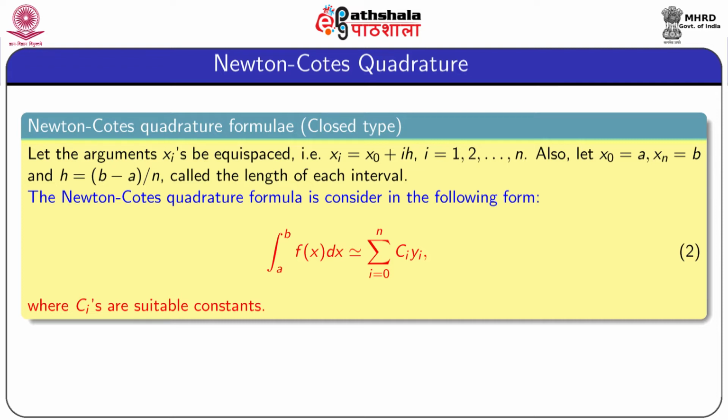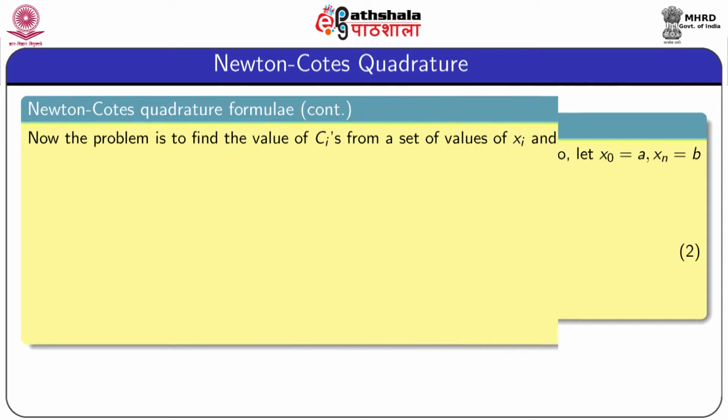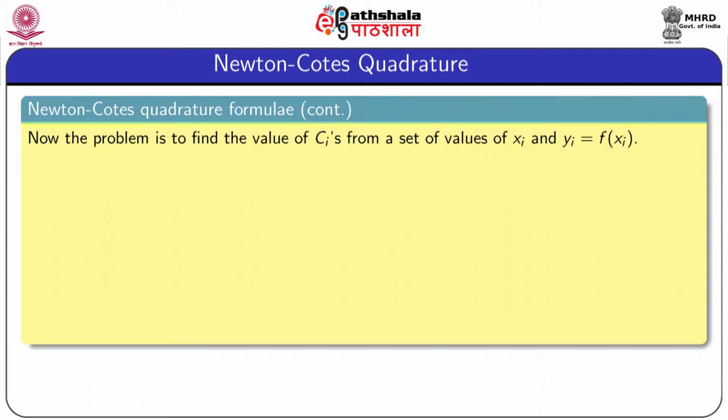That means equation 2 represents the approximation of an integration by a summation, under certain suitable constants c0 to cn. Now our main problem is to find the values of ci in terms of xi and yi, where yi is the value of the function f at the point x equal to xi.